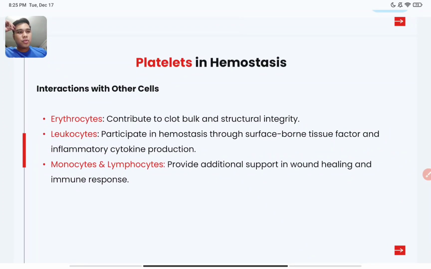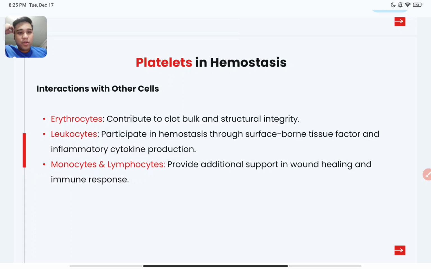So, your platelets also interact with other cells. They interact with erythrocytes or your RBCs, which contributes to the clot bulk and structural integrity. As I've said before, the layered structure when a clot forms, it's no longer just platelets there. The red blood cells, the white blood cells, and all are there.